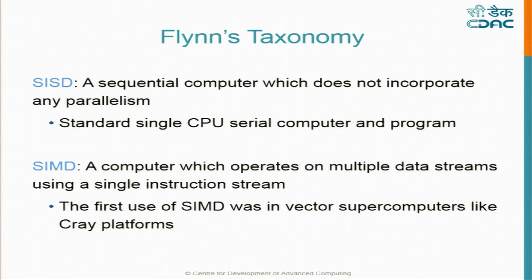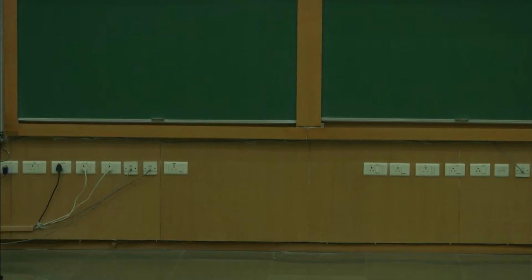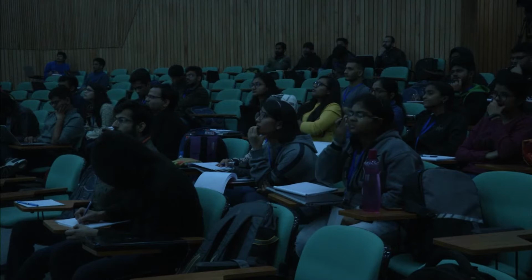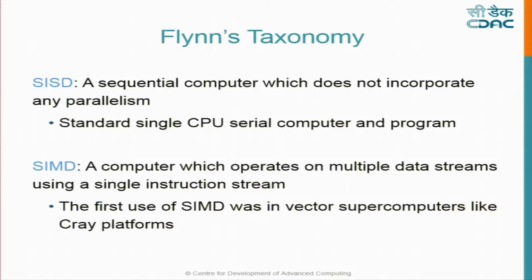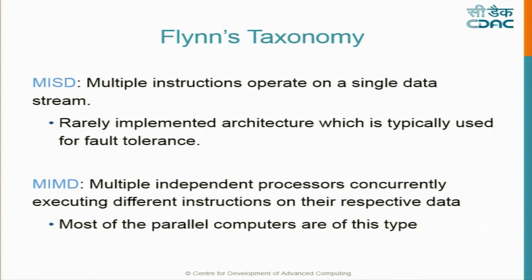And this vector processing helps in certain kinds of programs. This is an important class of computers called SIMD. So SISD is what the classical computer is, SIMD is vector processing.